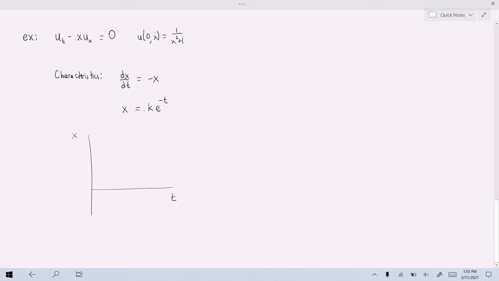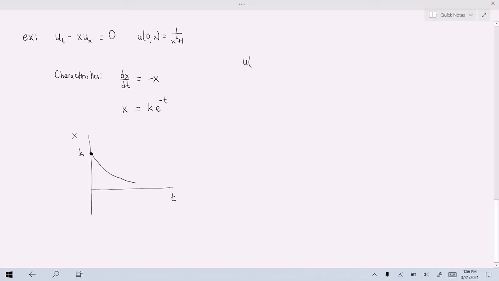So when t is 0, x would be equal to k. So once again, k is representing the x-intercept. And then it should resemble e to the negative t, whose graph looks something like this. All right, so all of these exponential curves are characteristics of our PDE.